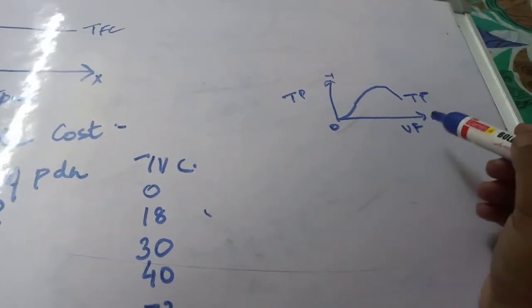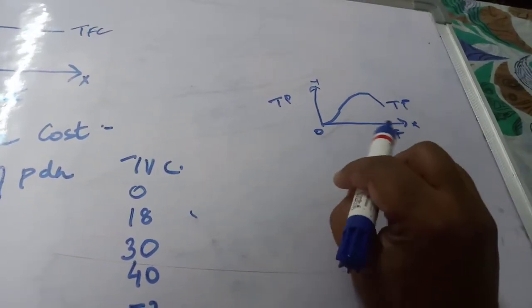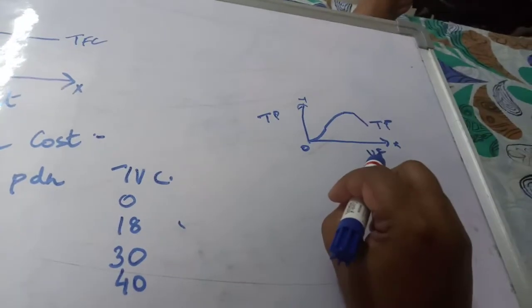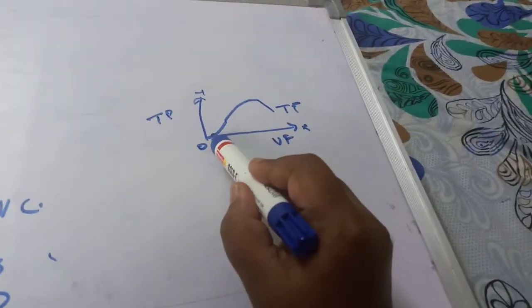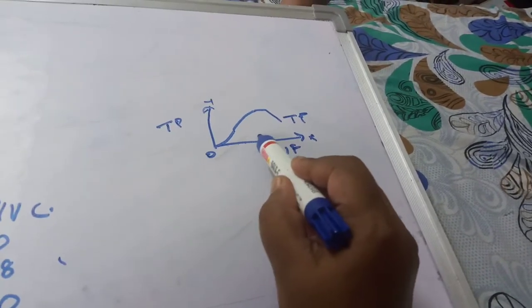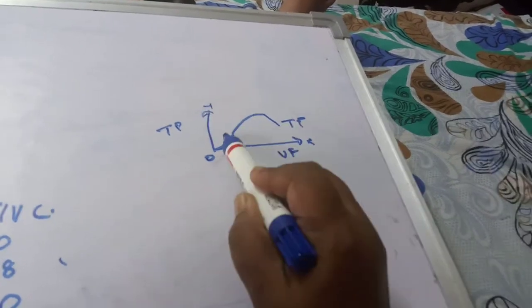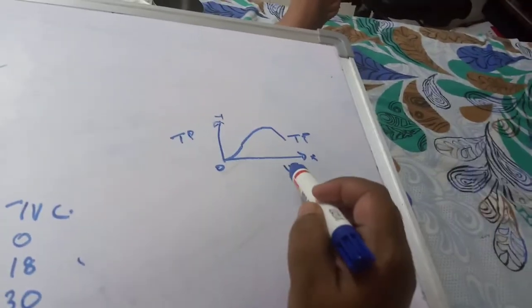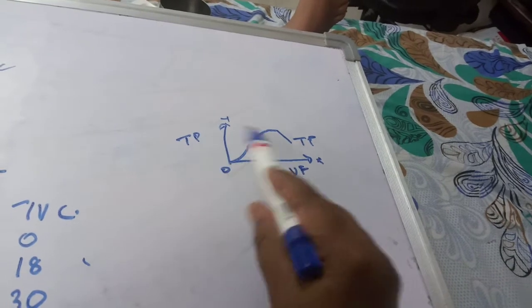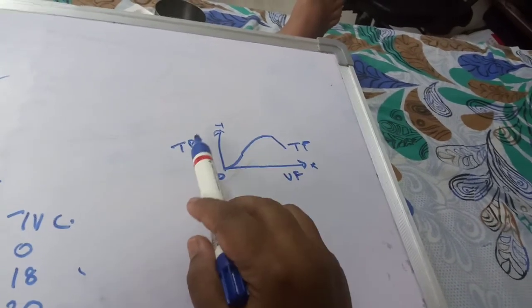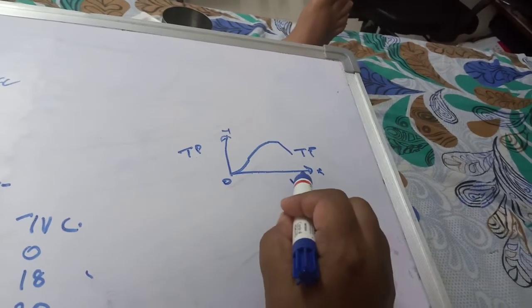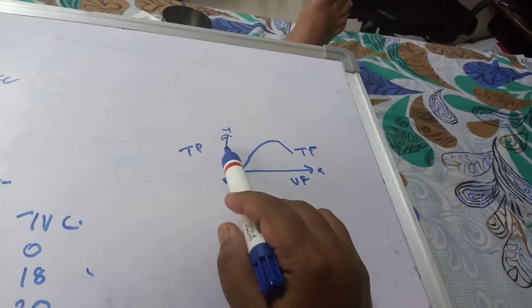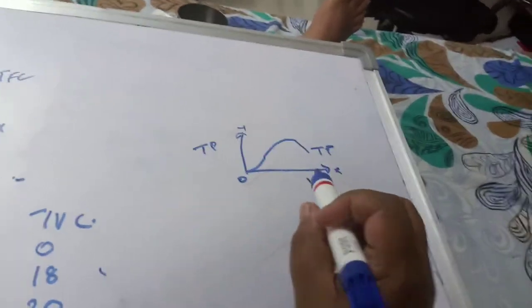But if we reverse the entire axis, first of all, we'll understand this diagram. We were increasing the variable factor by 1 unit and seeing the impact of this increase in variable factor on output. Let's just reverse it. We will increase the production by 1 unit now and see what will be the impact on variable factor or variable cost.